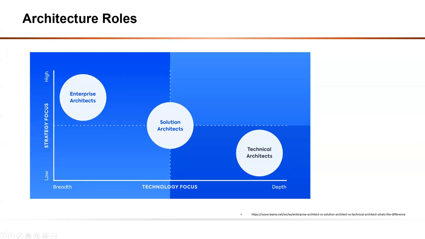Now let's look at enterprise architect roles and responsibilities. We have seen the team functions. Some of them are going to be repetitive here, but I just want to make sure we convey all the roles and responsibilities of enterprise architecture.